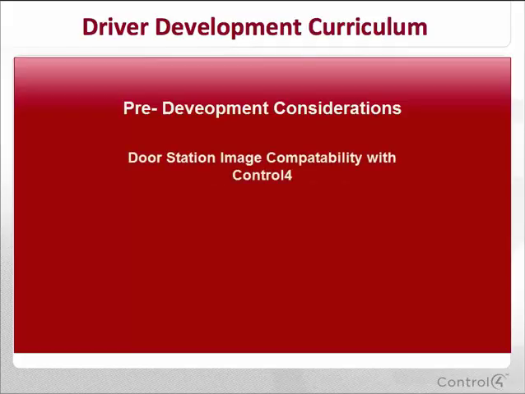If you are creating a DoorStation driver, something else to consider is the type of image streams your DoorStation supplies and whether or not they are compatible with Control4 devices. This is important as certain streams are not supported on every device running Control4's Navigator. For example, touchscreens prior to the T3 version only support JPEG and Motion JPEG streams.